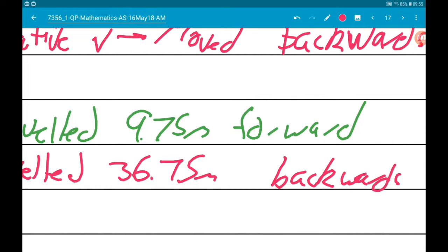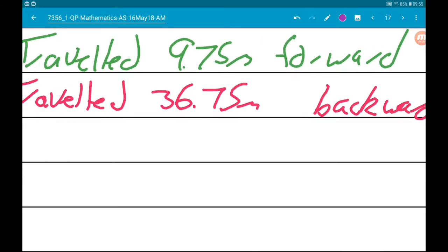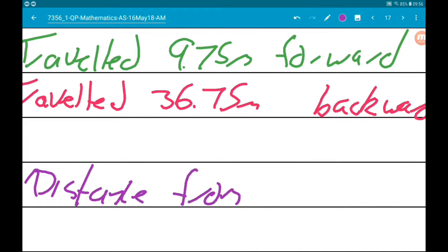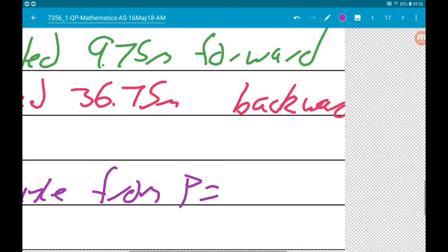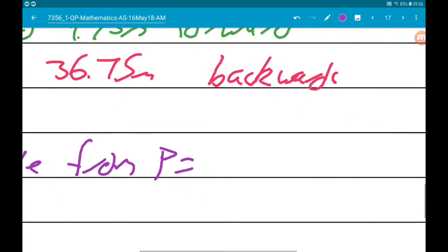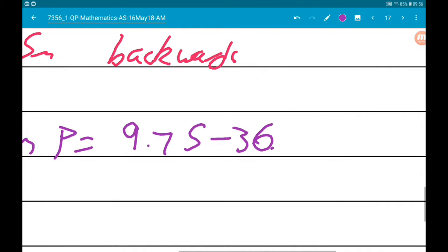Now remember, the car is moving in a straight line, so it's going to have gone forward from P, but then when it's gone backwards, it's also gone backwards through P. So what we need to do here is, distance from P is going to be 9.75 minus 36.75.